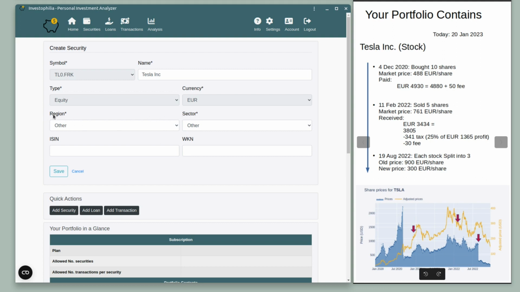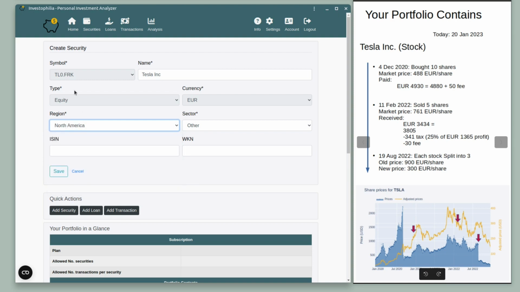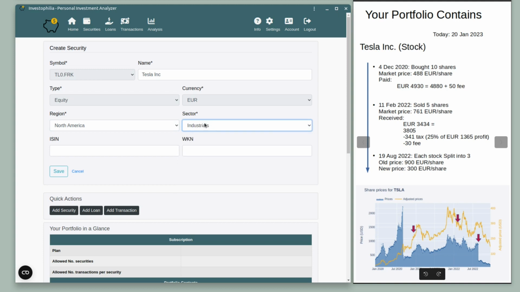These are important for our analysis when we want to see how our portfolio is diversified in terms of geographical regions or industrial sectors. For Tesla, I choose North America because the company resides in USA, and the sector is industrials because they produce electric cars, so it is industrials.